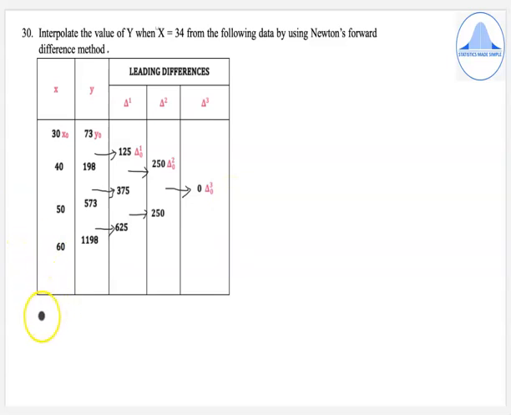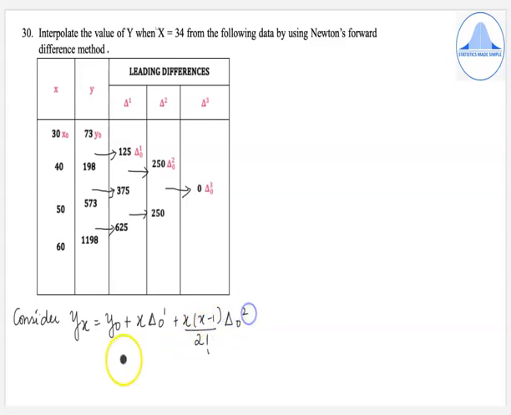So the formula is, consider y_x is equal to y naught plus x delta naught to the power 1 plus x into (x minus 1) by 2 factorial delta naught square plus x into (x minus 1) into (x minus 2) divided by 3 factorial delta naught cubed, where x is equal to... so how do we find out x?